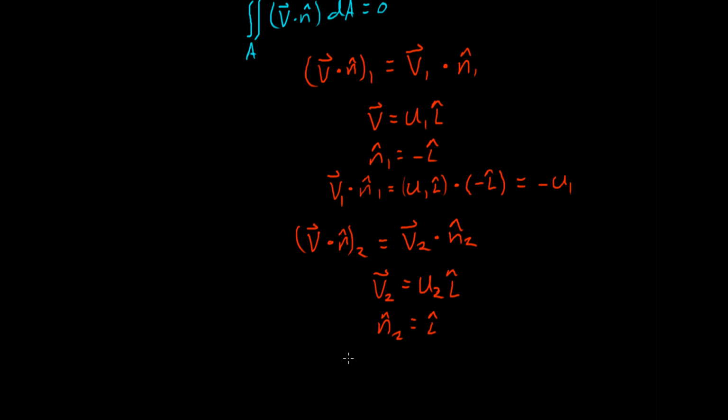And so we sub those together to get V2 dotted with N2, and they are equal to U2 I hat dotted with I hat. Well, I dot I is 1, and there's nothing else going on here. And so this is just U2. All right, so now we got these dot products handled. We can sub those right into our integral.